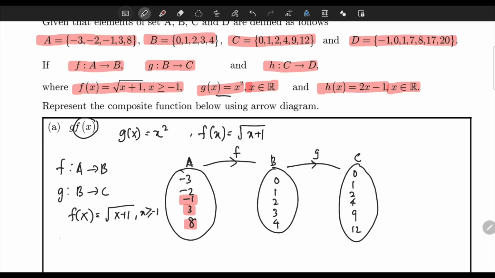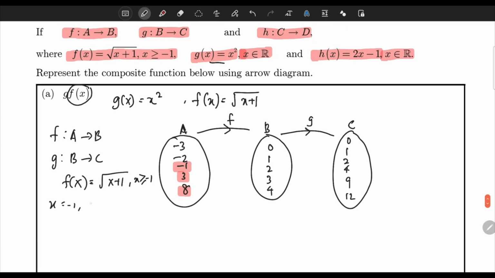If we substitute x to be negative 1, what is f(x)? If x equals 3, what is f(x)? If x equals 8, what is f(x)? When we substitute negative 1, we get 0. When we substitute 3, we get 2.